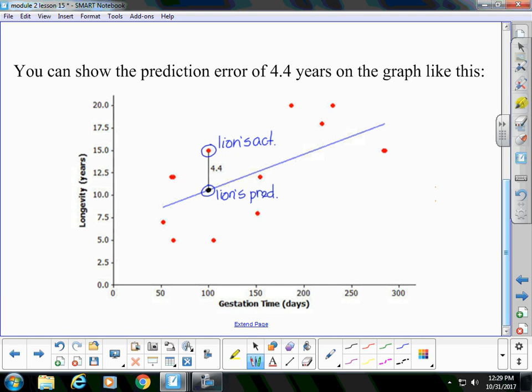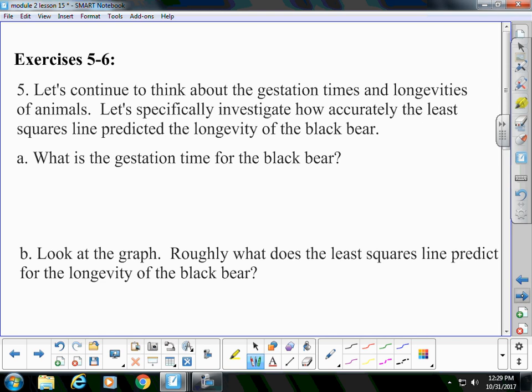And then the distance from the lion's actual to the lion's predicted would be a distance of 4.4. That distance is how far off it is, and that's what we call the residual, which is what we talked a little bit about yesterday.